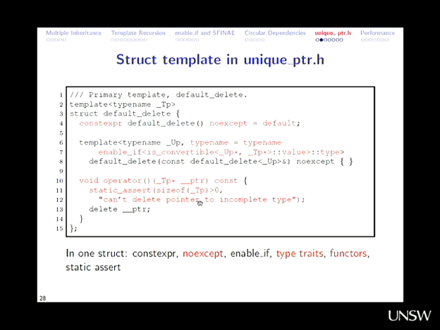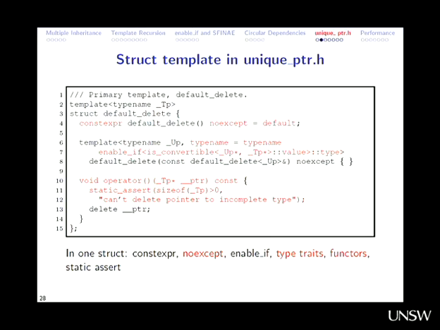If the size of a type is 0, it's not defined. So it's an incomplete type, which we just saw in that circuit of dependencies argument. So in one struct, in these 15 lines of code, we have a constexpr, a noexcept flag, enable if, type traits, functors, and a static assert. In 15 lines of code.